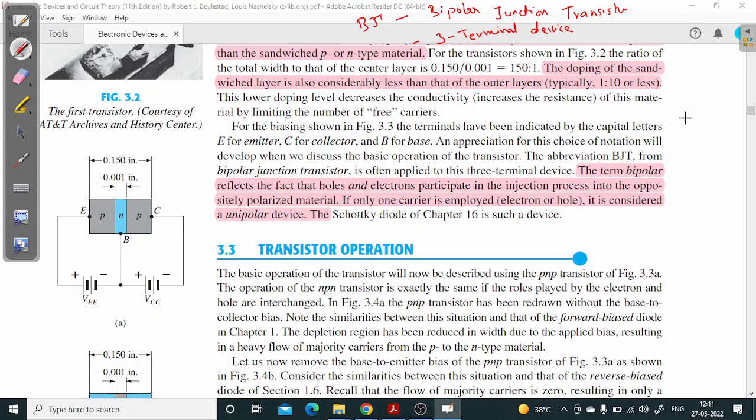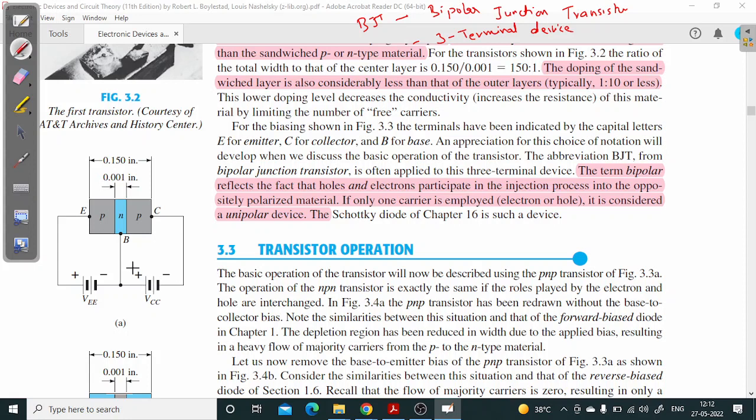In a diode we had just two terminals called anode and cathode, but BJT has 3 terminals. Because it has 3 terminals, it can be applied to a greater variety of applications, and the utility of BJT becomes more compared to a diode. It's a 3-terminal device, which is more useful than a 2-terminal device or diode.